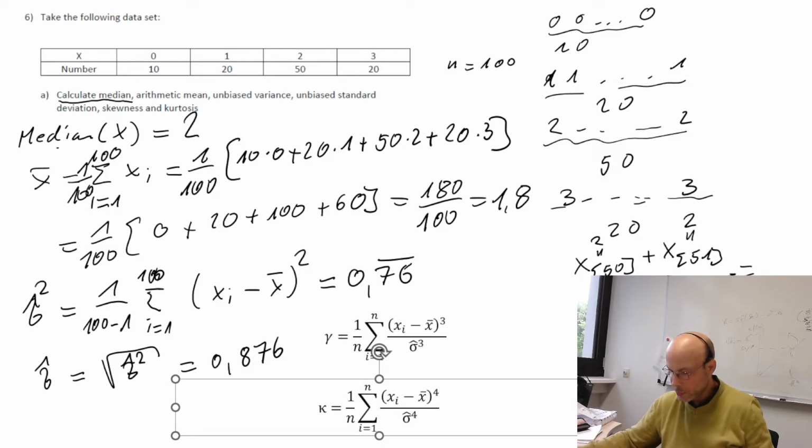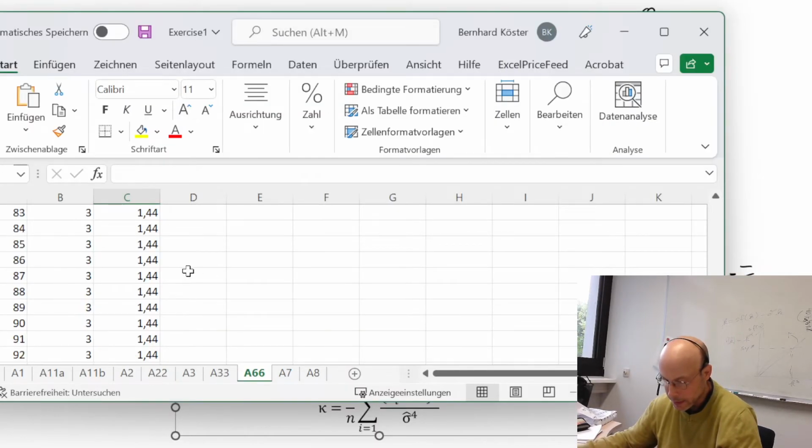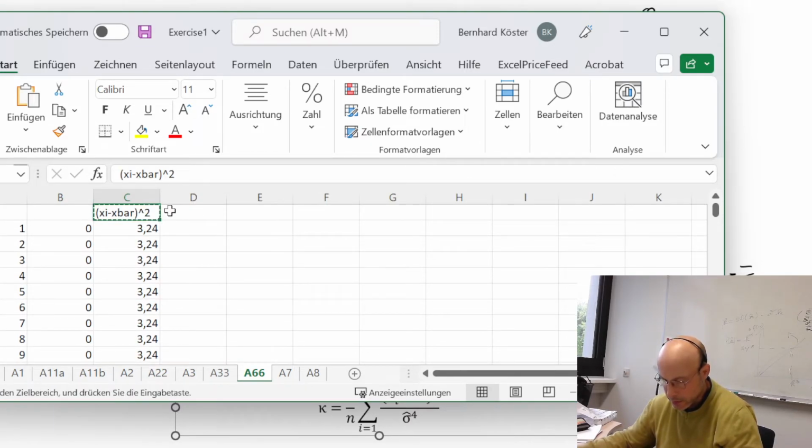Now we need just xi minus x bar to the power of 3 and xi minus x bar to the power of 4. So again, let's go to Excel, because there we almost have this.